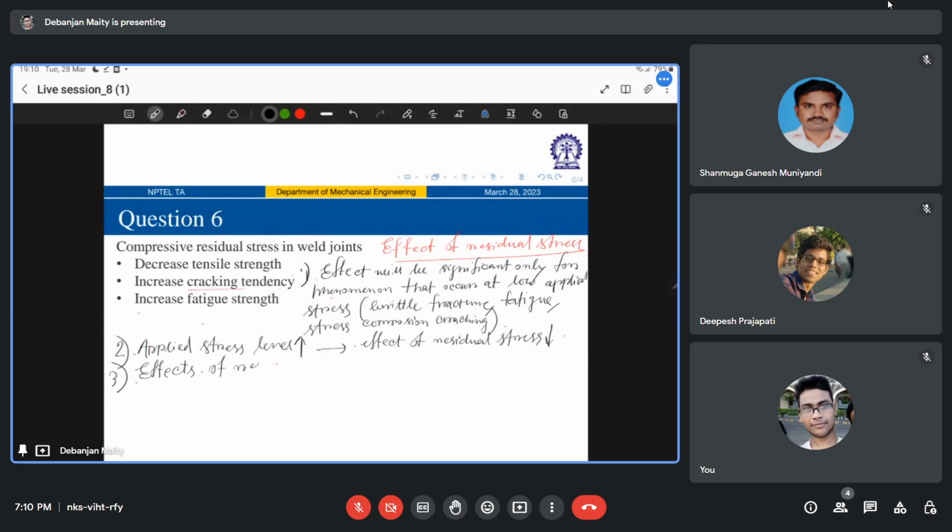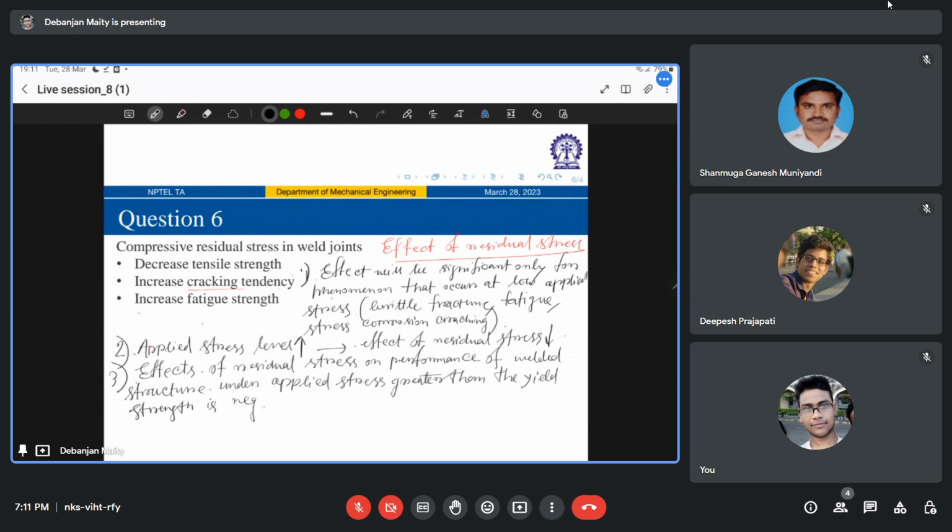Effects of residual stress on performance of the welded structure: when your applied stress is greater than the yield strength, the effect is negligible.